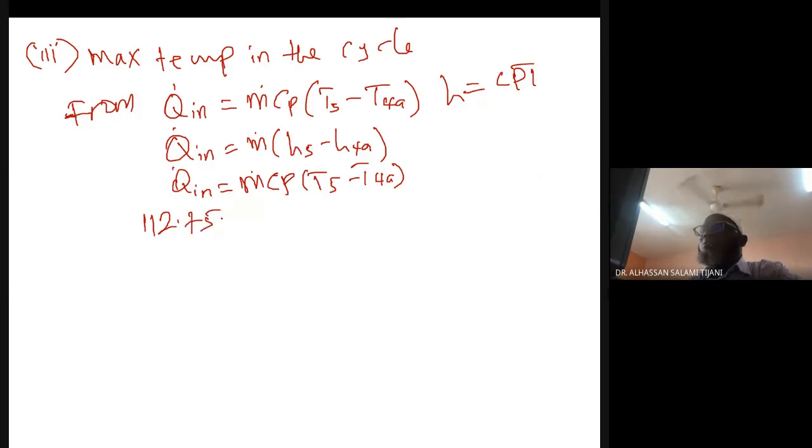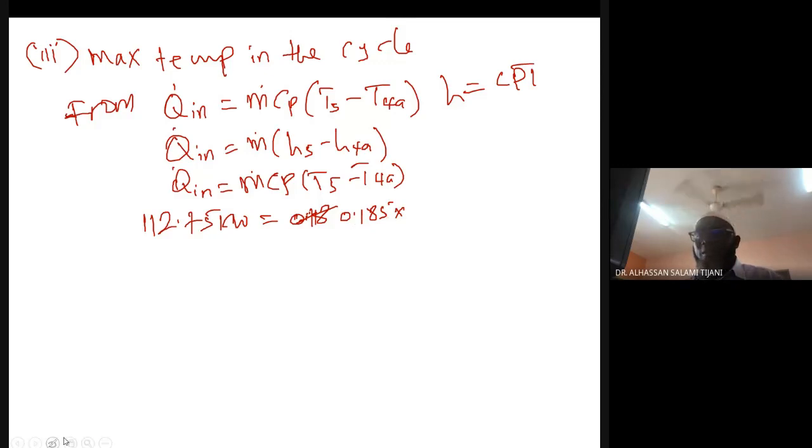112.75 kilowatt equals mass flow rate. The mass flow rate of the fluid is given, you know the mass flow rate, 0.185 times the Cp for air.